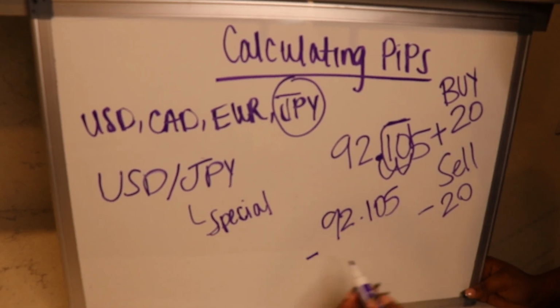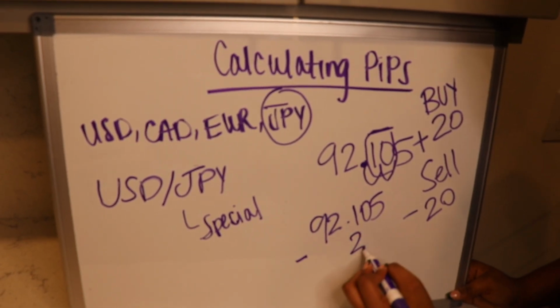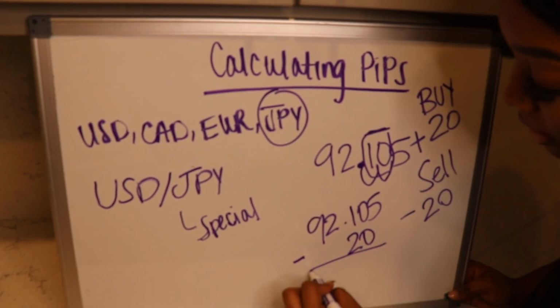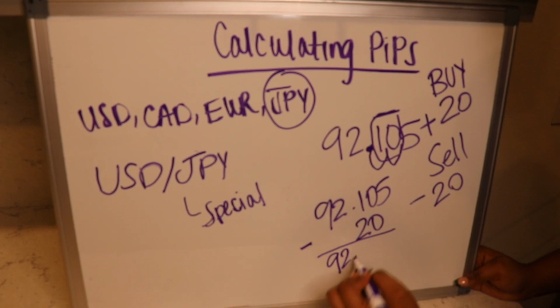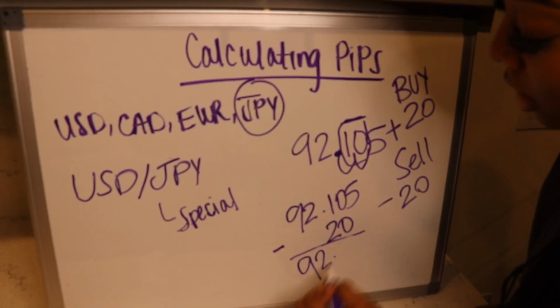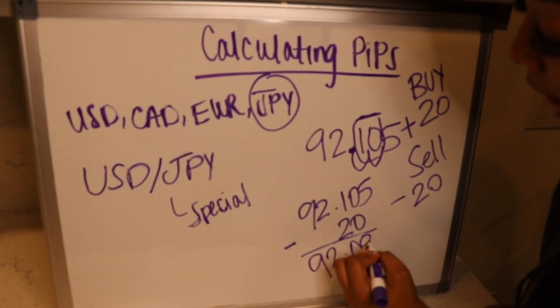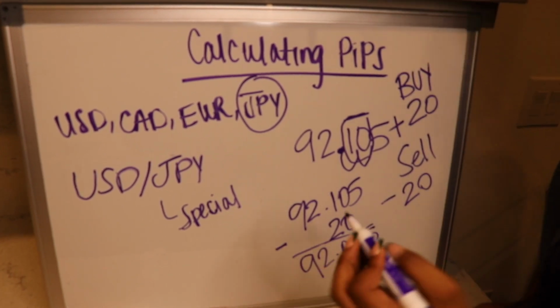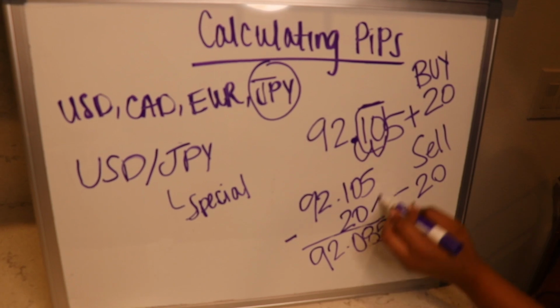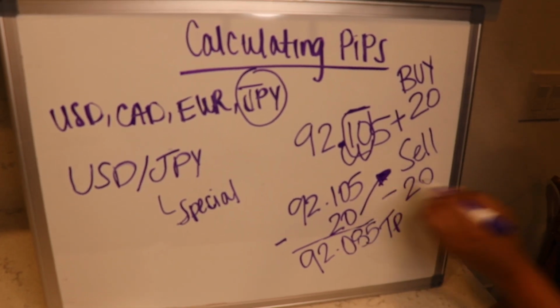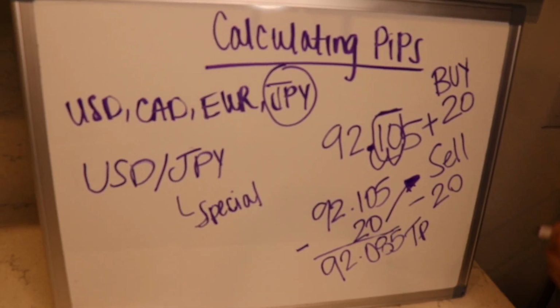Your sale is a negative. This is going to be minus 20, right? So 92.085 is what we're going to get. And this is now your take profit for a sale, guys. Just like that.